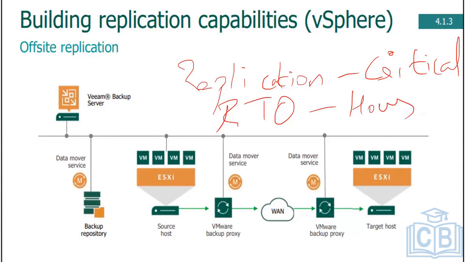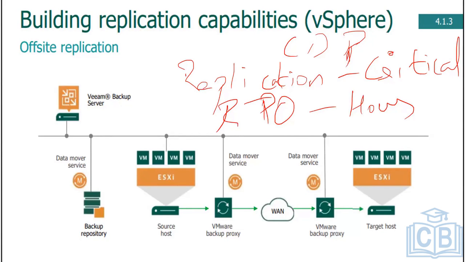If the customer says, I'm sorry, the RPO, recovery point objective, should be in seconds or in minutes, then we have something called CDP, which is continuous data protection. That's a different concept. We'll discuss that.